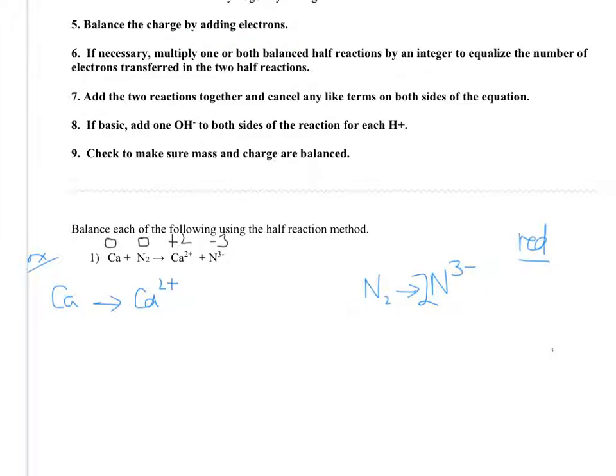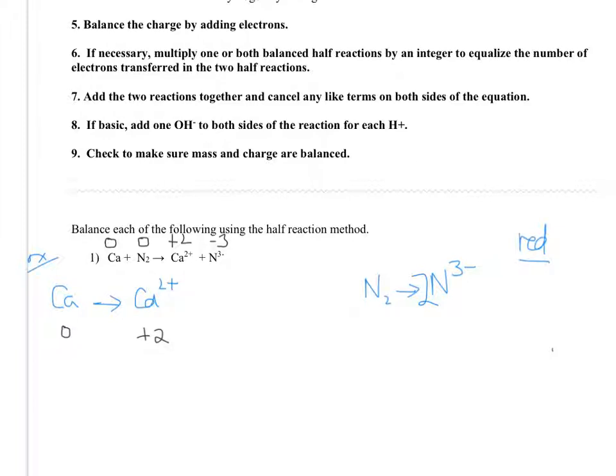So we're going to start with the calcium. The way that you do that is you figure out the charge here. So this has a charge of 0. This side has a charge of +2. Now electrons are negative, and we're trying to make those two sides equal to each other. So you always add the electrons to the more positive side.